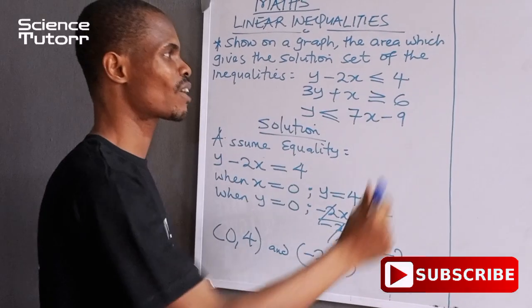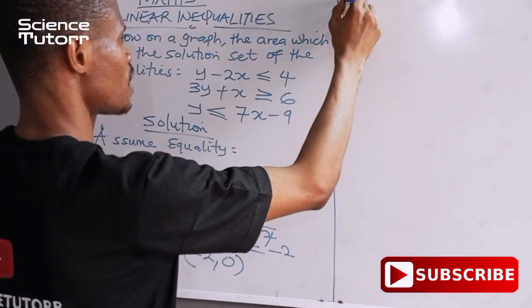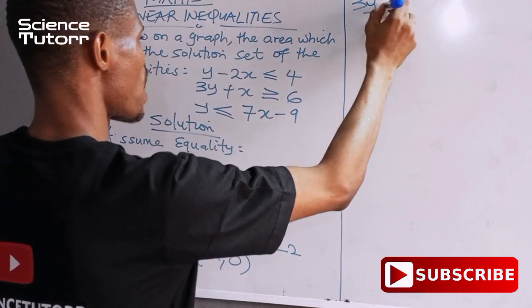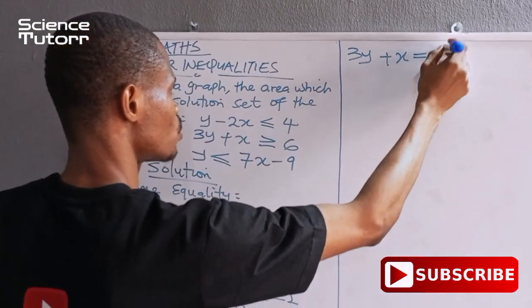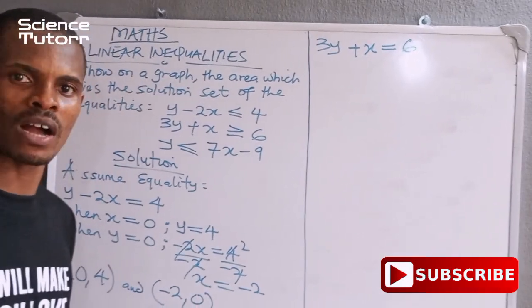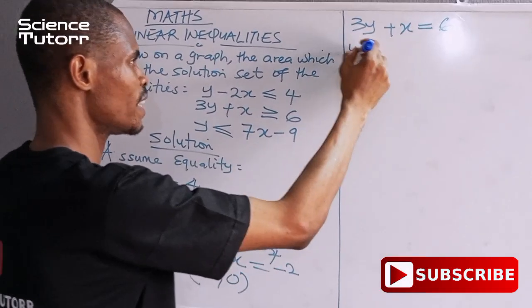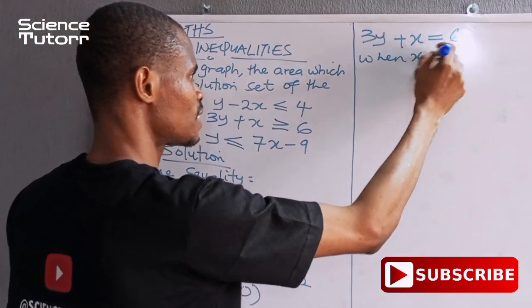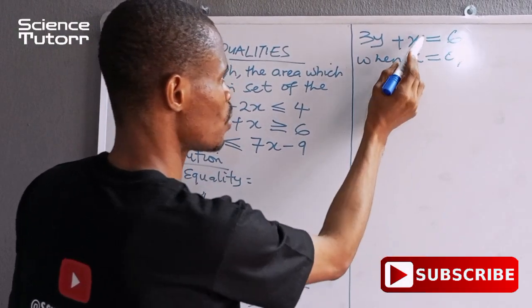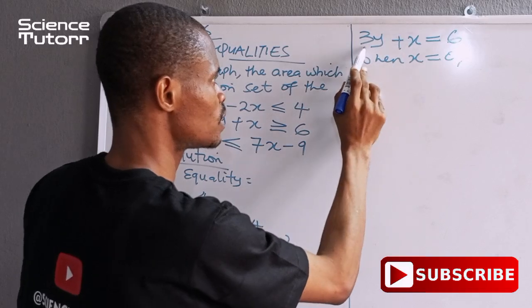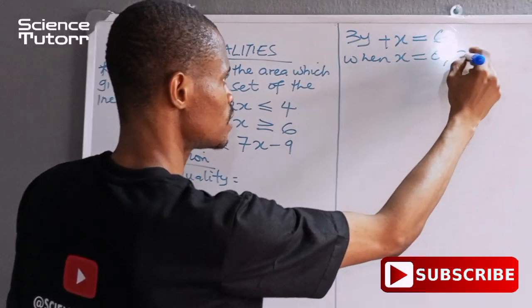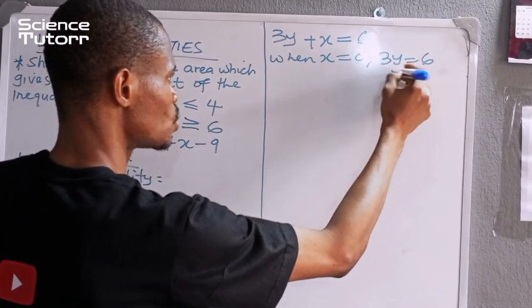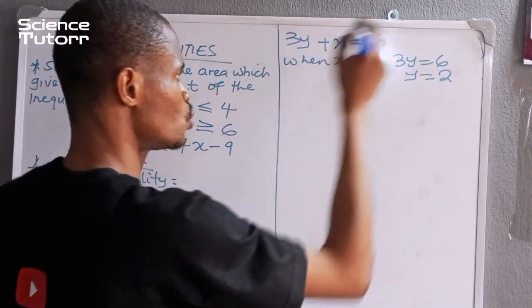Now we pick the second equation. We assume equality, so 3y plus x will be equal to 6. When x equals 0, automatically this becomes 0. 3y is equal to 6. So that makes y equal to 2.